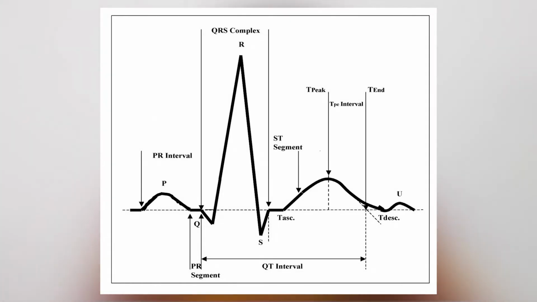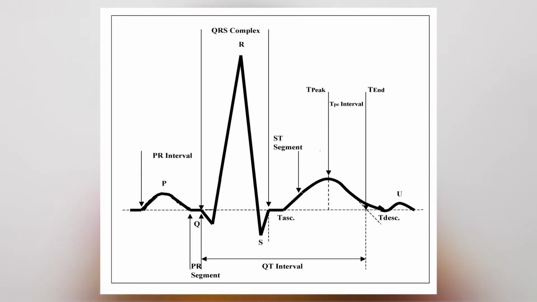QRS complex are due to ventricular depolarization. Q wave, then R wave. It is the first positive deflection during ventricular depolarization. S wave, it is the negative deflection of ventricular depolarization that follows the first positive deflection R, with the duration of 0.01 to 0.02 second.